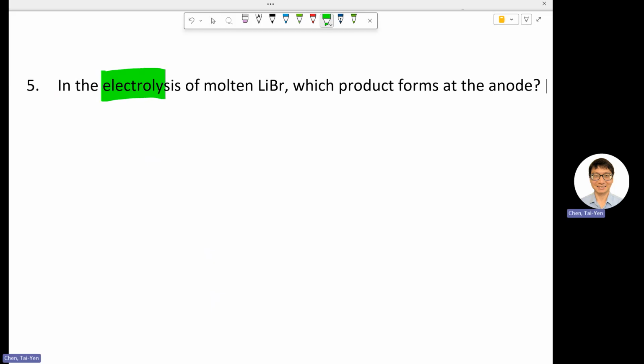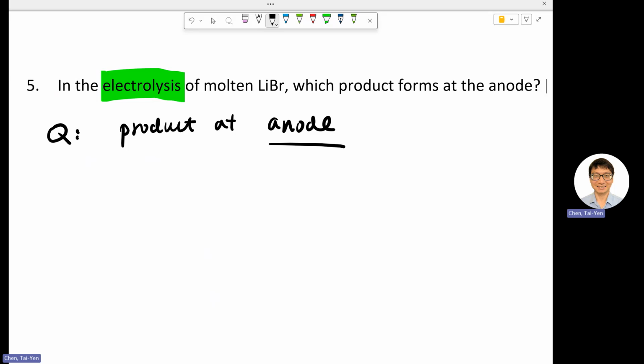The question is that you want to find out the product at the anode, right?